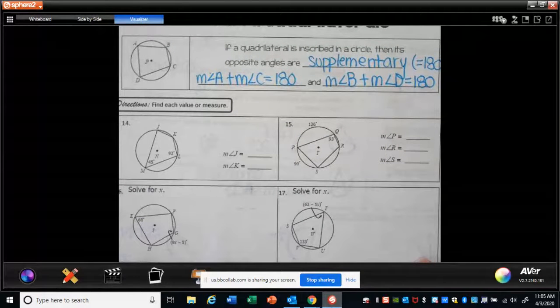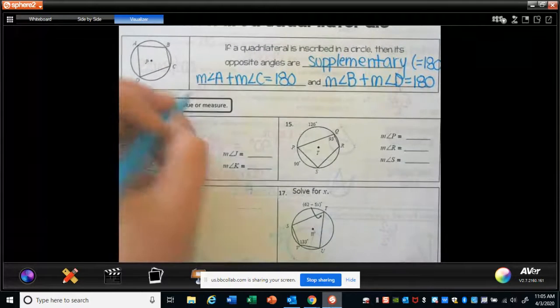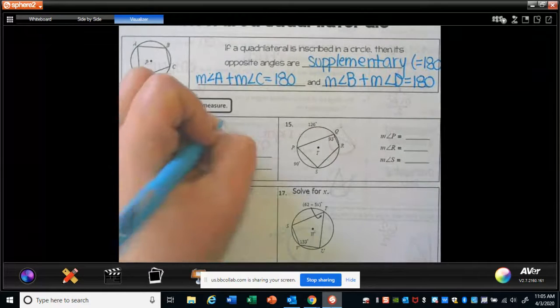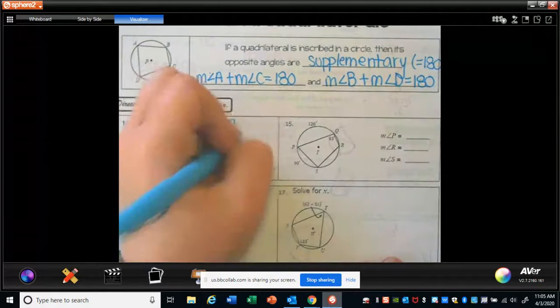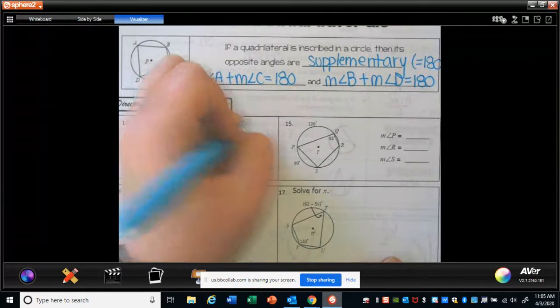So we want to find the measure of angle J and K. And so right here, we're just going to find the pairs of opposite angles. If I want to find angle J, it is opposite of angle L. I know opposite angles are supplementary, so I'm going to say 180 minus 92. And that's going to give me angle J, which is 88 degrees.